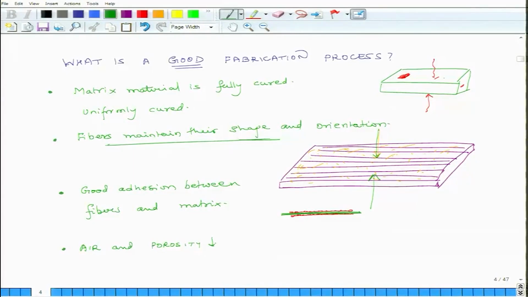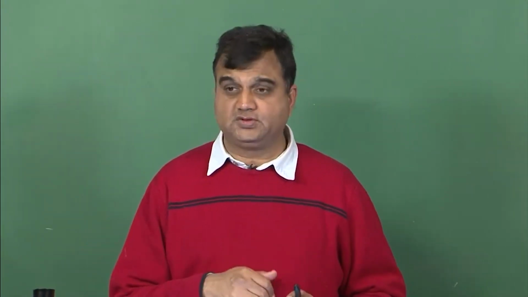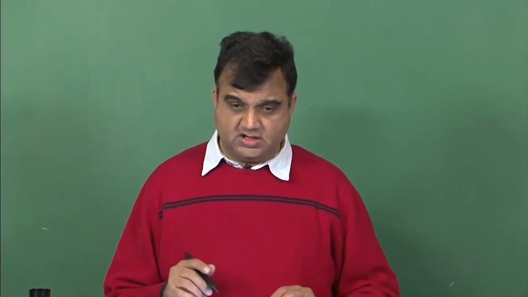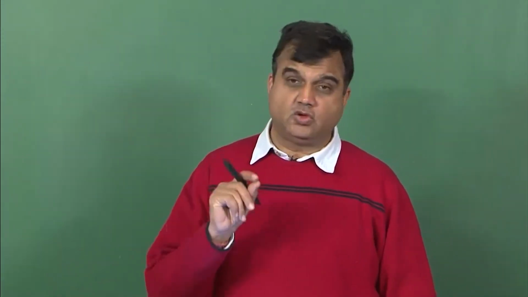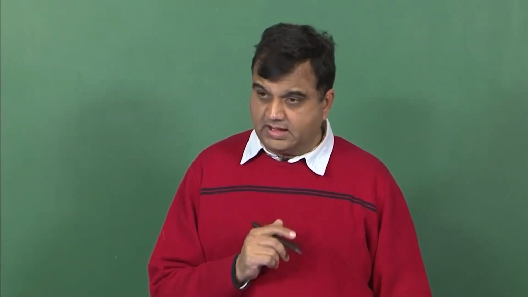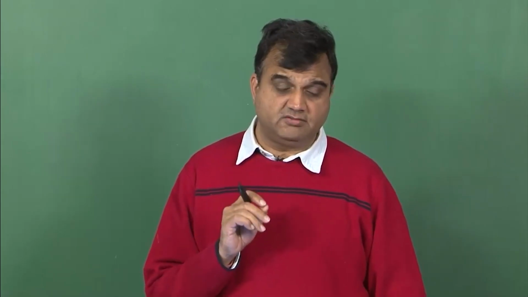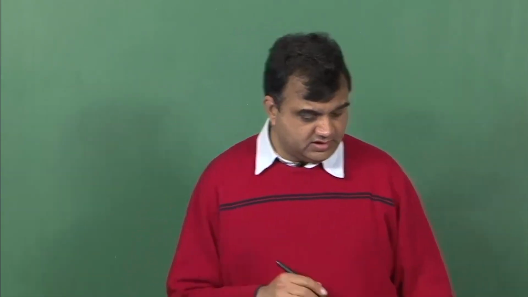This should be as low as possible, because by default there will be air to begin with between fibers, and we want that when the matrix flows through it, all the air should be removed, and there should not be any gaps or holes, because if there are air pockets or porosity in the system, then those could act as points of stress concentration, and at those locations you can have initial fractures in the system. So, we do not want that.